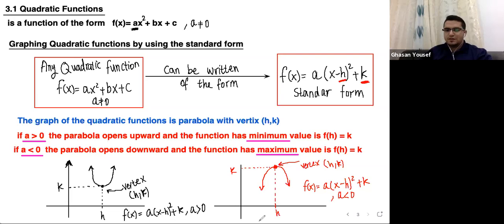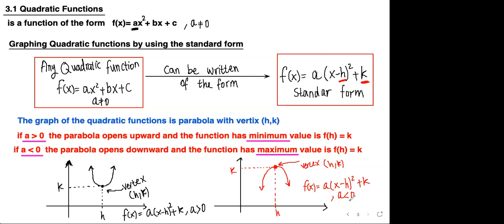Any question? Yes. What's your question? How is a less than 0 if the graph is way above 0?